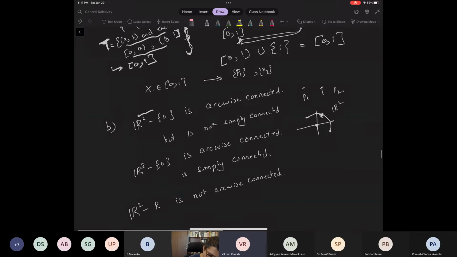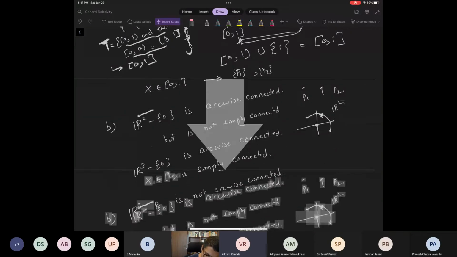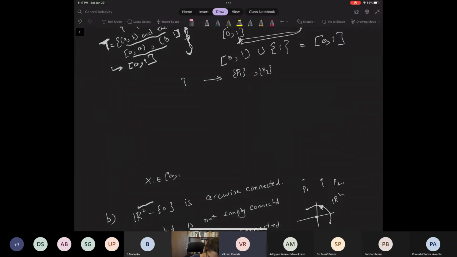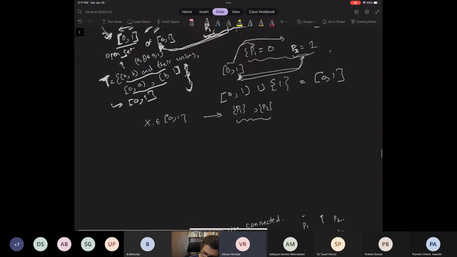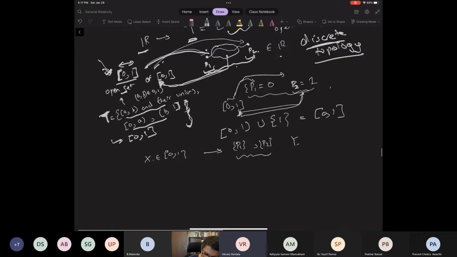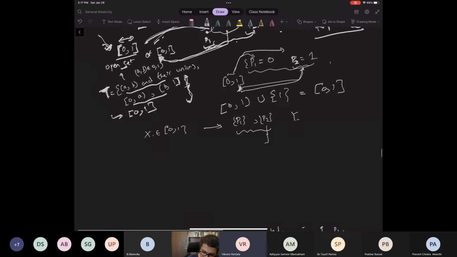And the claim is that if we take any open set in this space, let's call this Y, the inverse image of this open set should be an open set in X.